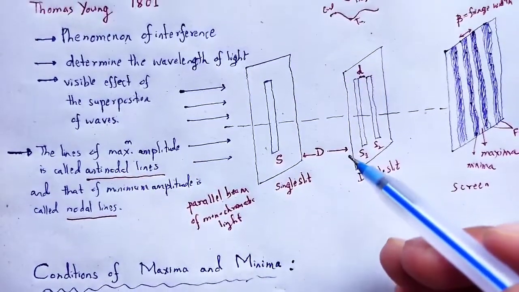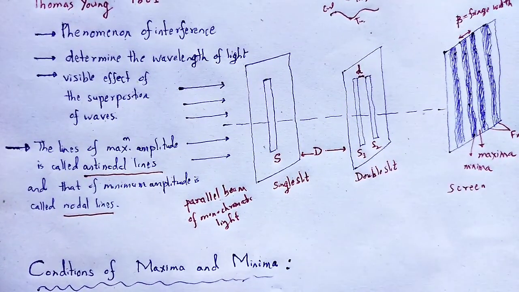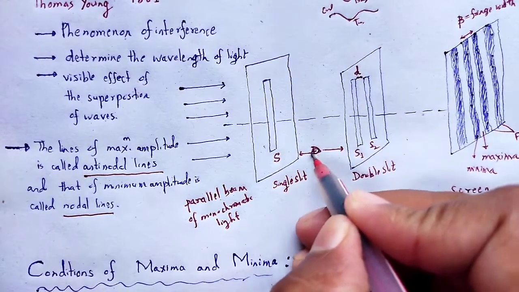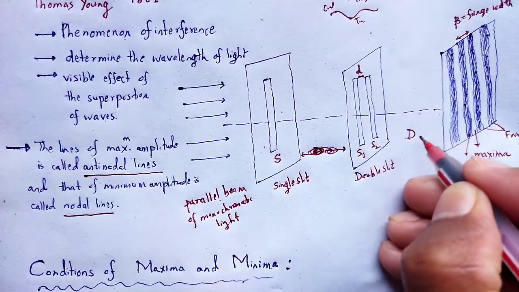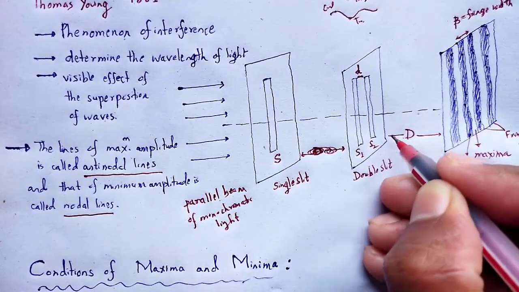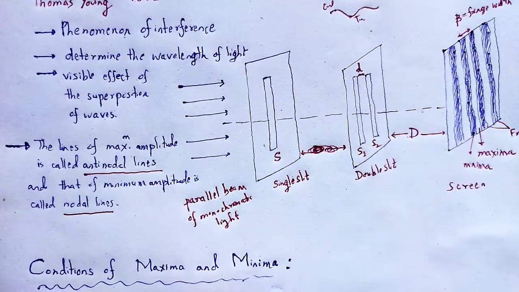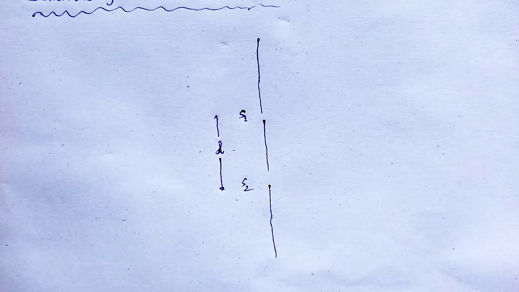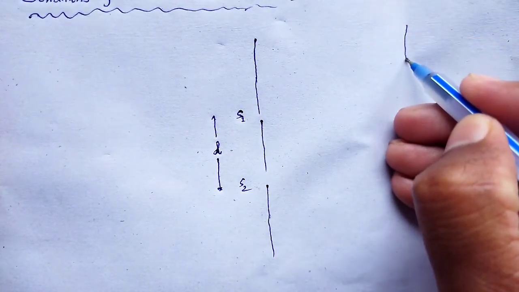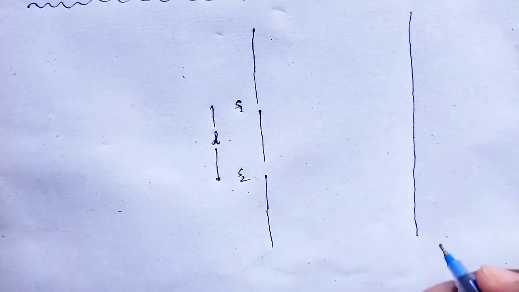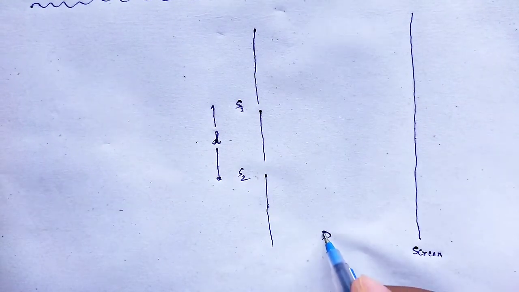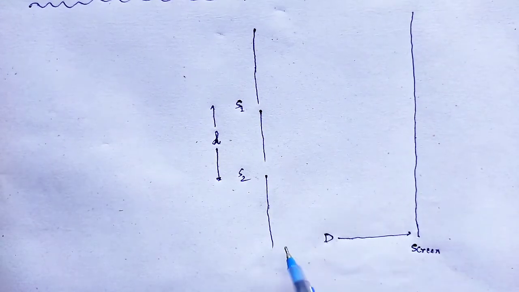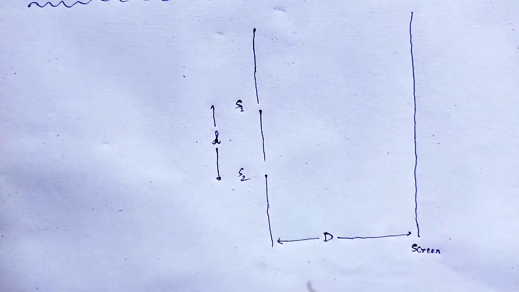Sorry, in that case the capital D is the distance between the double slit and the screen. Now there will be a screen, which is at a distance of capital D from the double slit.